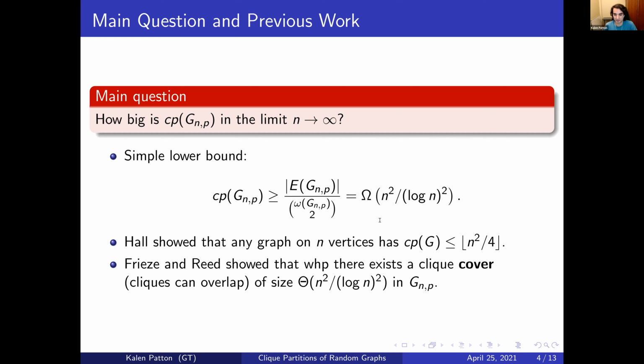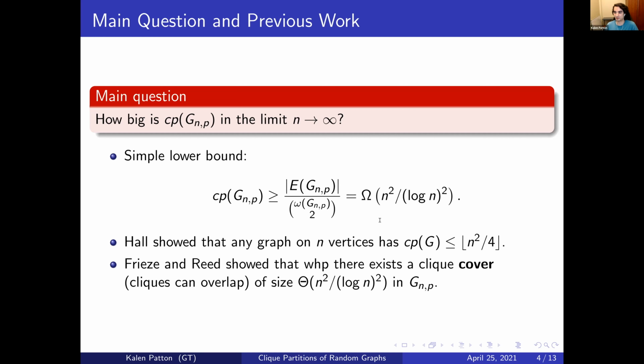So that helps us get a lower bound, but then finding an upper bound is a bit more challenging. We know in general from Hall that any graph on n vertices has clique partition number at most n squared over 4. And we also have a prior result from Frieze and Reed that shows that with high probability, there is a clique cover of GNP with size on the order of n squared over log n squared.